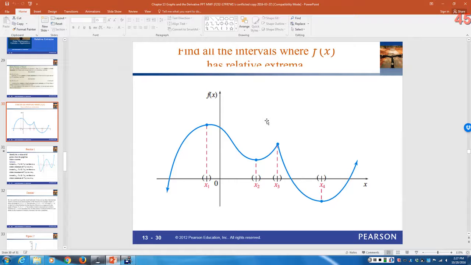So even though I have a relative maximum on that interval from x sub 2 to x sub 4, the derivative doesn't exist at x sub 3 where that maximum point is. Is there a relative minimum between x sub 3 and positive infinity? What is it? It's at x sub 4. Now, is it possible for a function to have two maximums?